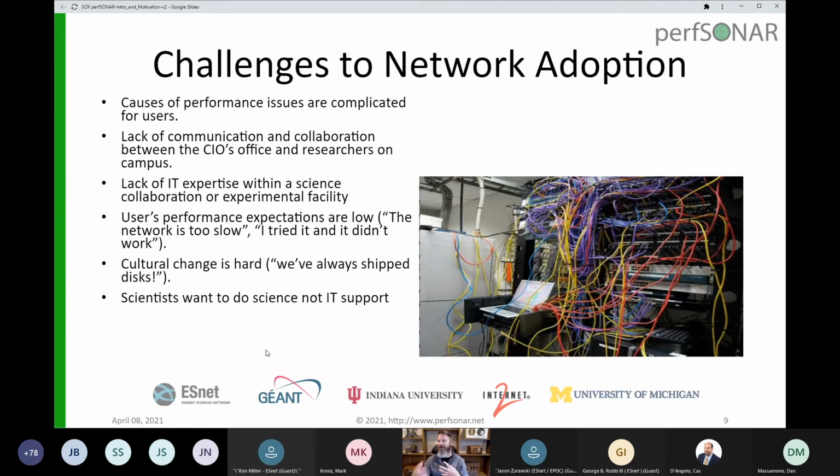And then that kind of thing over time becomes a habit. Now we're shipping disks all the time because that's the way we've always done it. It works, it's reliable, and I just don't want to mess with this again.